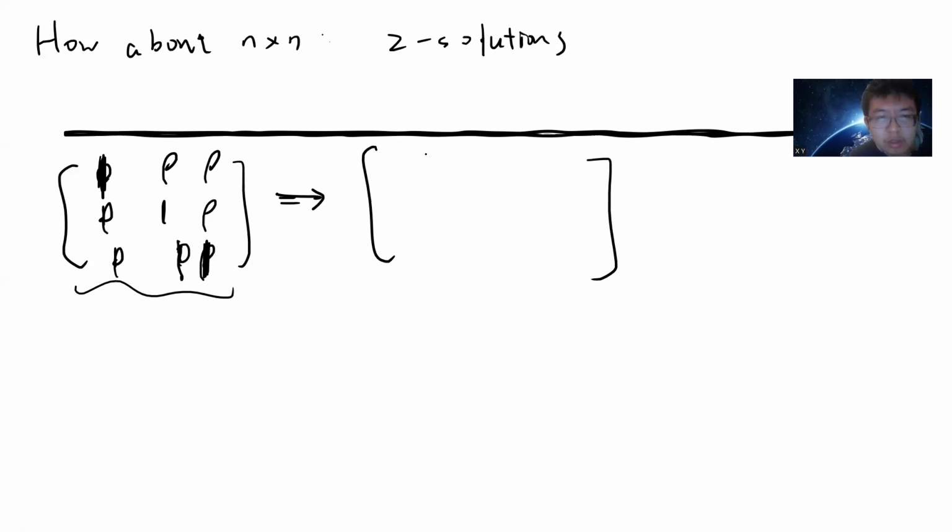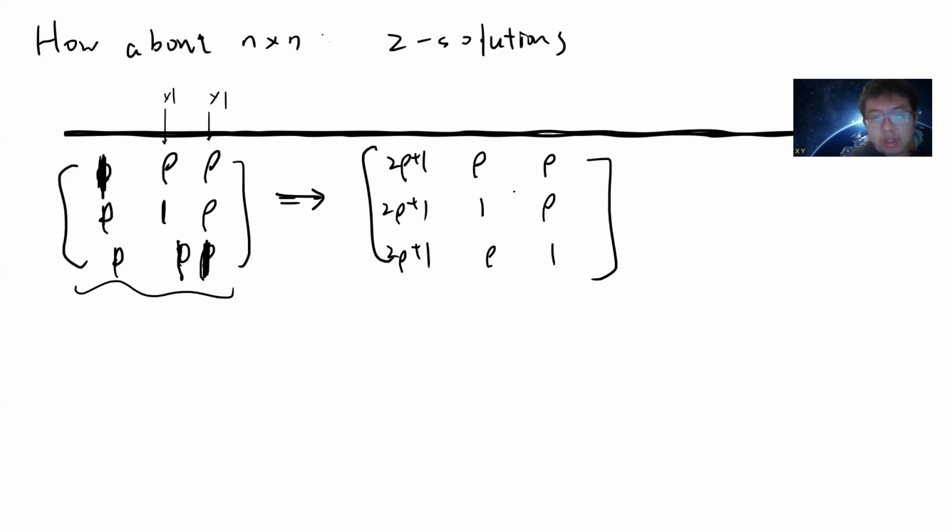So I can get, for example, 2ρ + 1 and ρ. I multiply by −1 here, multiply by −1 here, and add to the first one. So I get 1, ρ, 1 and 2ρ + 1, 2ρ + 1.